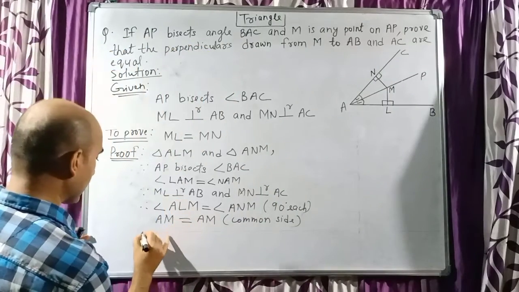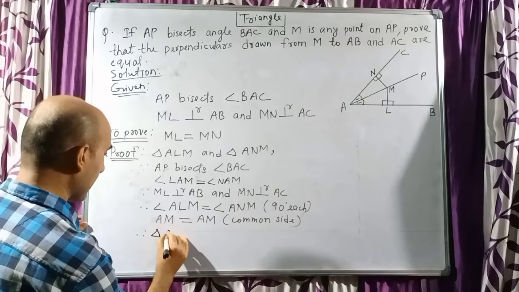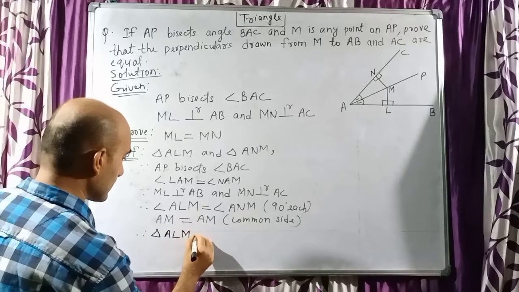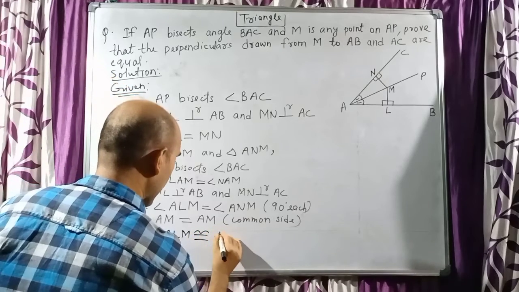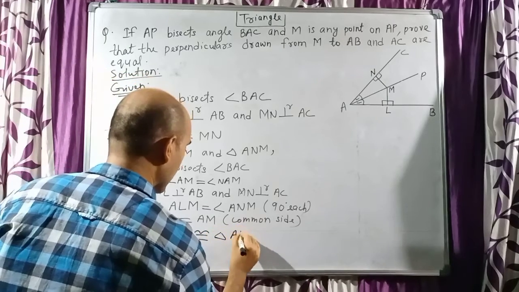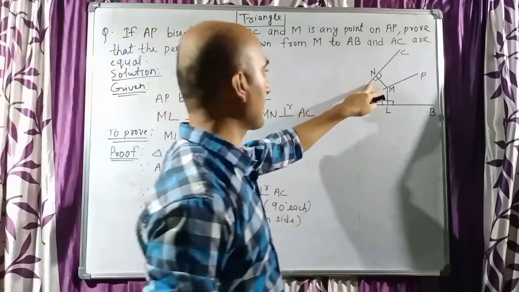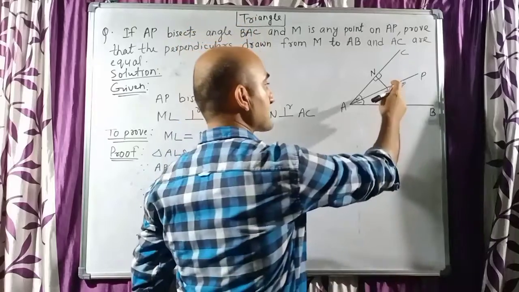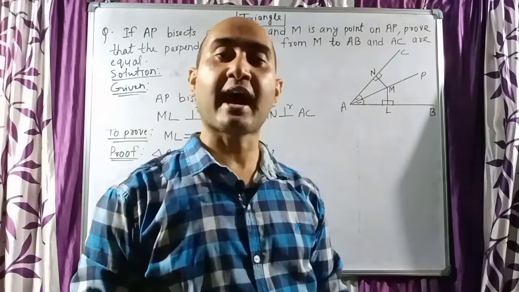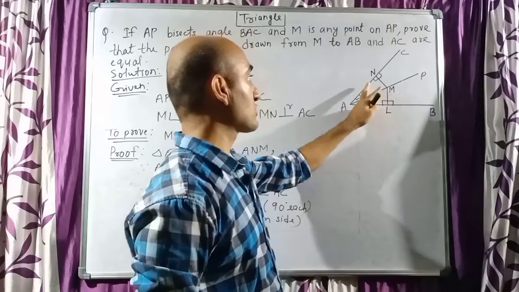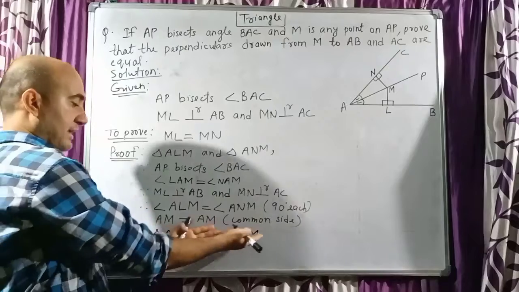So now I will write, therefore, these two triangles, ALM, will be congruent to triangle ANM. Once the two triangles are congruent, you can say ML is equal to MN, because ML and MN are the sides of the two triangles ALM and ANM.